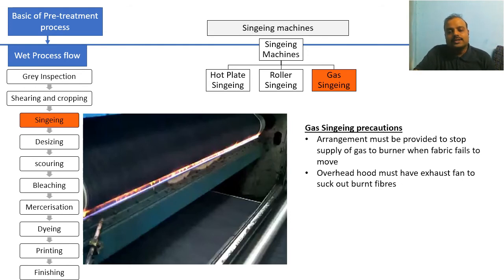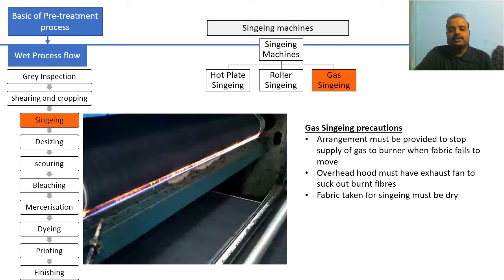This exhaust fan sucks all the burnt hairs. What will happen if the exhaust fan is absent? In that case, whatever fly ashes are there will again deposit on the same fabric, and the fabric appearance would be in question. So an exhaust fan needs to be equipped.